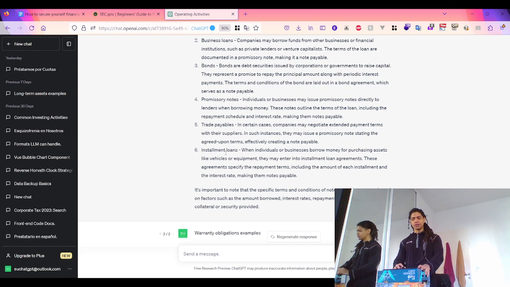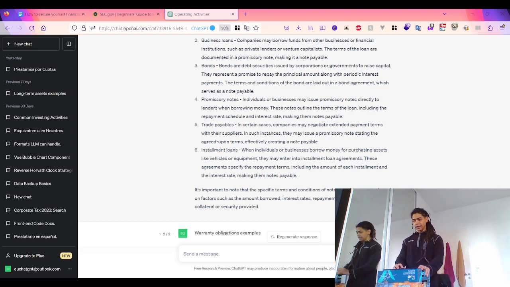In installment loans, when individuals or businesses borrow money for purchasing assets like vehicles or equipment, they may enter into an installment loan agreement. These agreements specify the repayment terms, including the amount of each installment and the interest rate, making them notes payable.